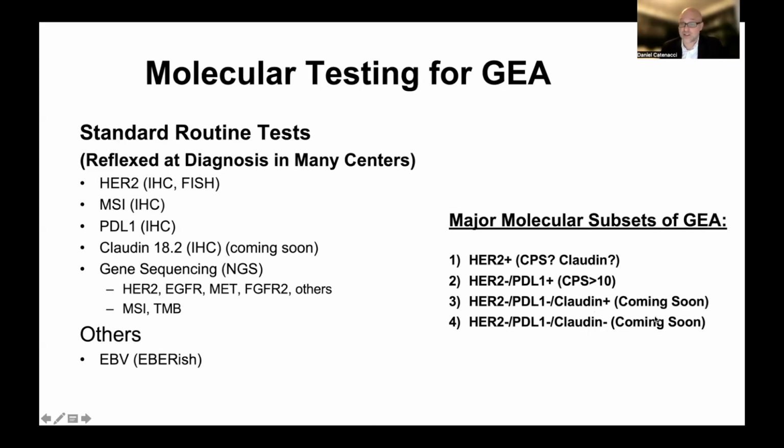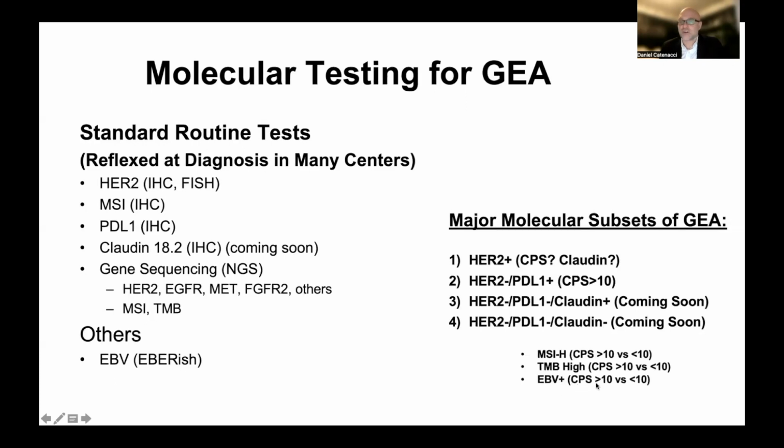And this is as a consequence of a positive study that just came out called the Spotlight study that we'll go through in detail when we get to treatment. So these are the main subsets of the disease that then have different pathways in terms of therapy. There are some other subsets that are a little bit redundant because MSI high are usually very highly PD-L1 positive.